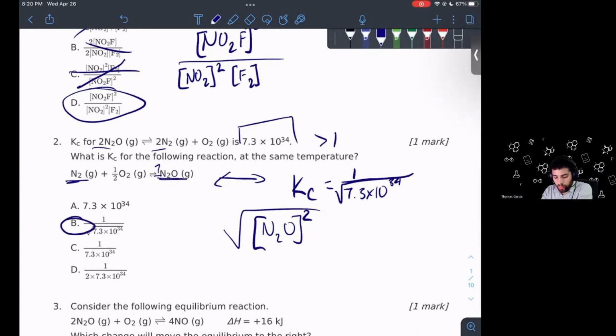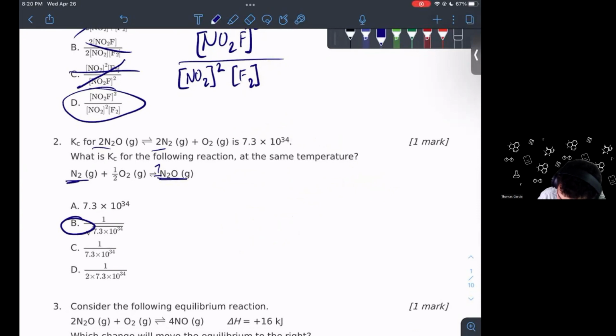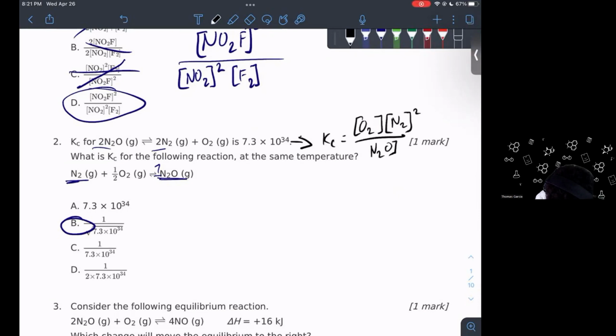To work this one out, just to be a little clearer, let me go ahead and erase these. I'm going to write the original Kc. So the Kc for our original equation was Kc equals our products, O2 times N2 to the power of 2, all over N2O to the power of 2.